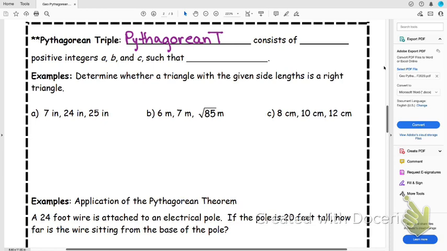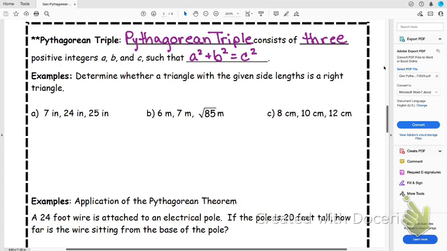Well, how many things are in a Pythagorean triple? How many things are in a triple? 3. Okay, consists of 3 positive integers a, b, c, such that a squared plus b squared equals what? C squared.